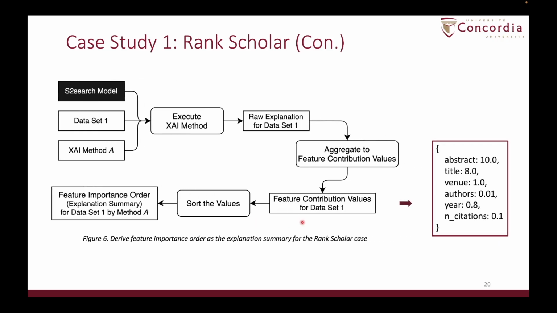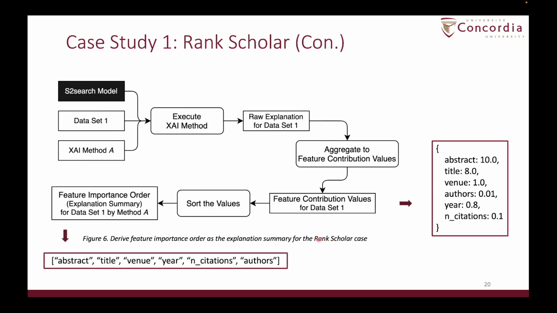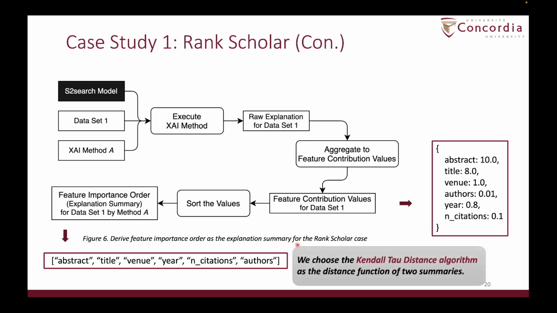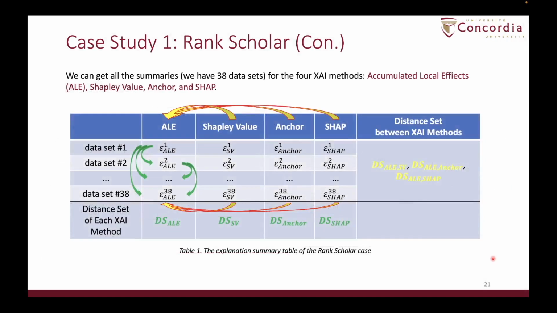For instance, we have derived the contribution value like this, and then we derive the feature importance order. To measure the distance between two orders, we use the Kendall tau distance as the distance function. And then we can have all explanation summaries for 4 methods as shown in Table 1.